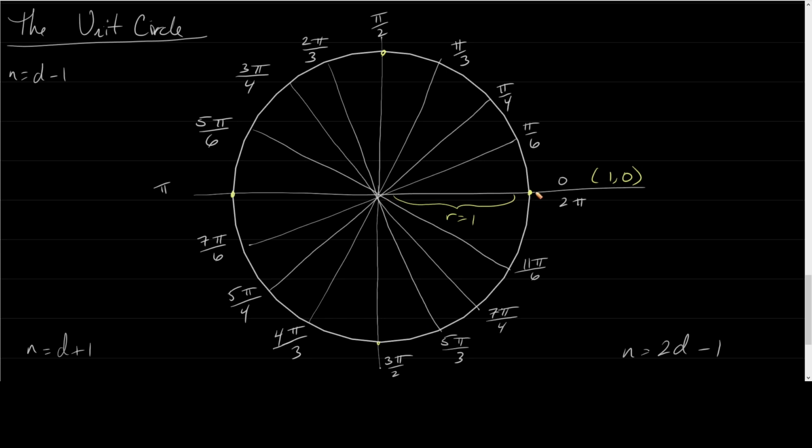So the coordinate will be 1, 0. Similarly, this over here will be 0, 1. This over here will be negative 1, 0. And this last one down here, at 3 pi over 2, would be 0, negative 1. Those are the coordinates at all those angles.